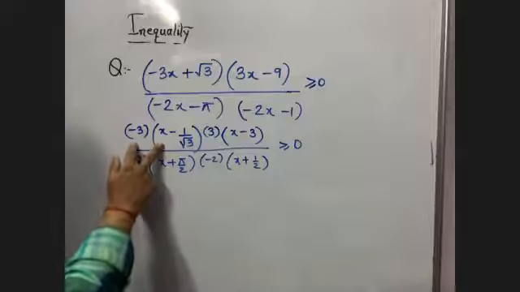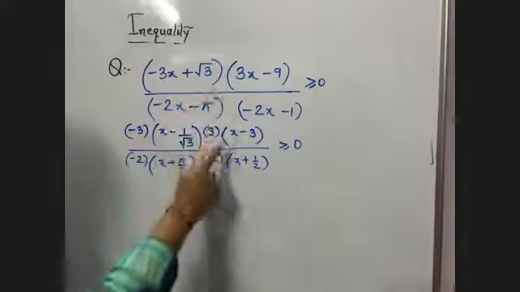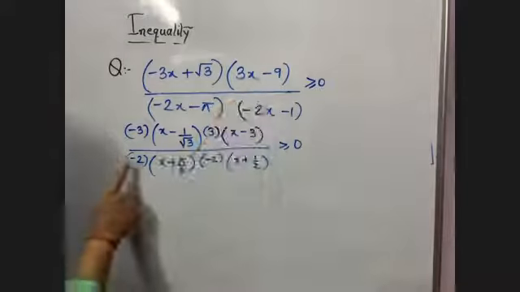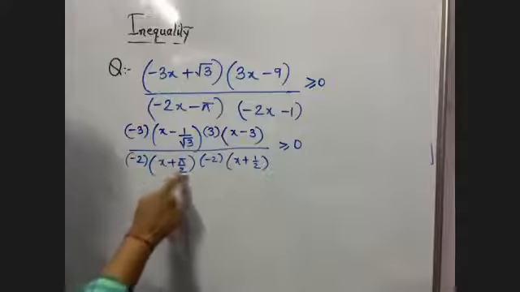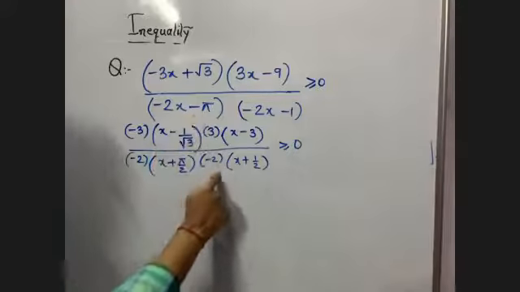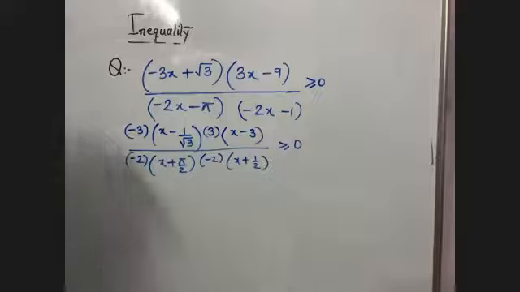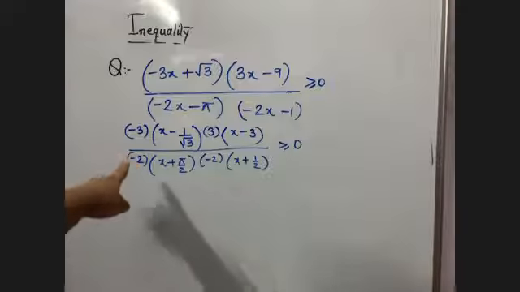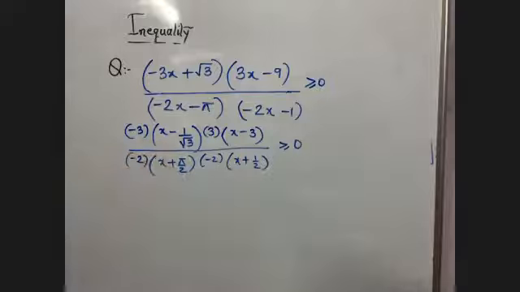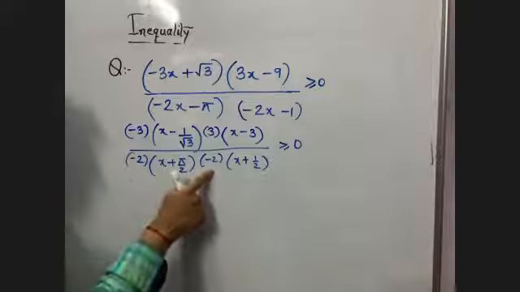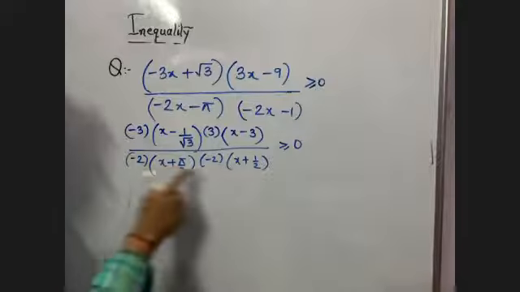If you multiply, you will get minus 3x plus root 3, 3x minus 9, minus 2x minus 5, minus 2x minus 1. I hope it is clear. I have repeated this step several times. Now, after this, how many minus signs are there, beta?